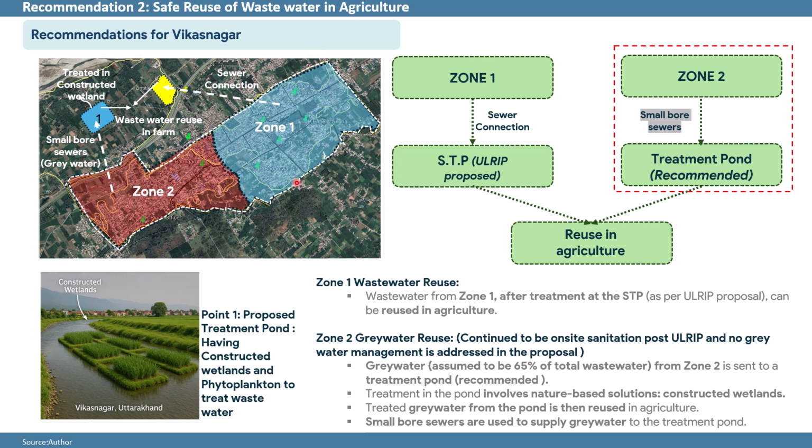Similarly, zone 1 area, which already has a sewer connection, all this wastewater will go into the STP, and after this treatment, instead of discharging everything into the river, it can be reused for agricultural purposes.